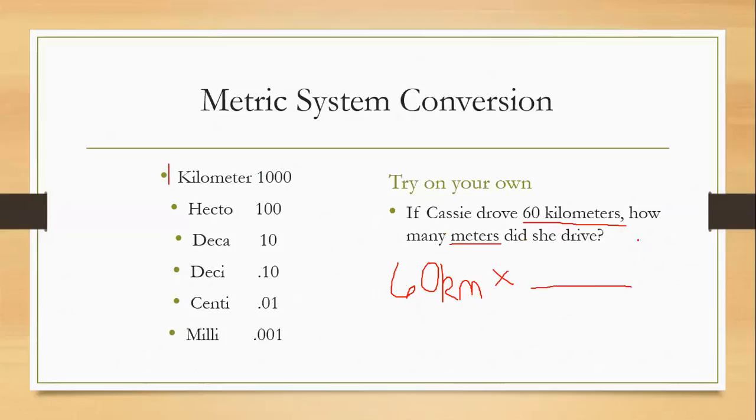And are we going to be looking for a bigger number or a smaller number? Jumping from kilometers to meters, we are looking for a bigger number. So the big number goes on top. So 1,000 meters for every 1 kilometer. We'll cross these kilometers out, and hopefully you got 60,000 meters.